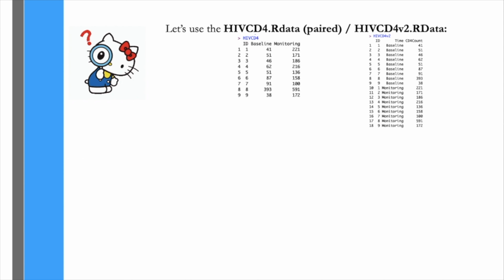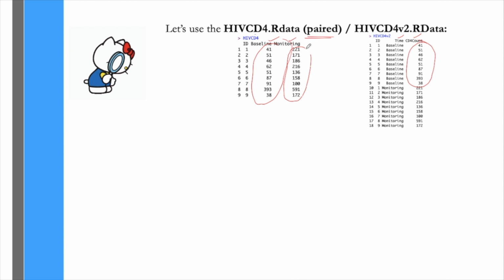And on the HIV CD4.R data, these are the same data except that the layouts are different. It's because when we use the paired t-test, the data have to be in this layout, and when we perform the ANOVA for repeated measures, the layout has to be in this form. These are the same values as we see here, this one for the baseline, and for the monitoring, we have these values.